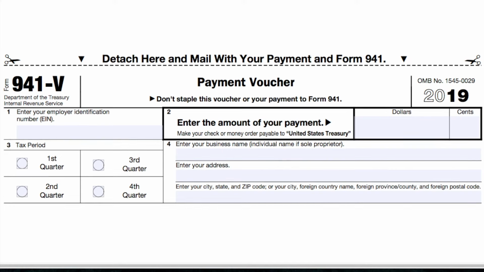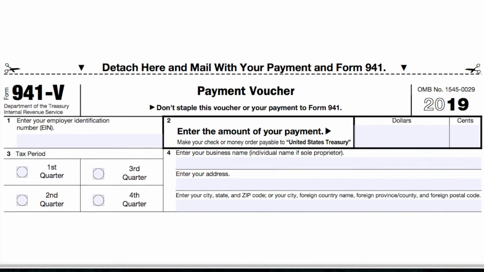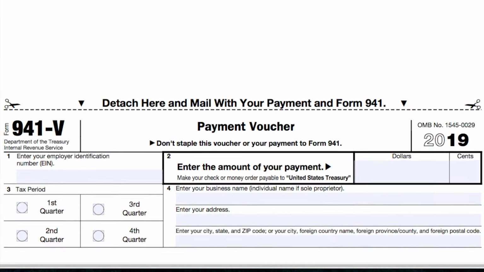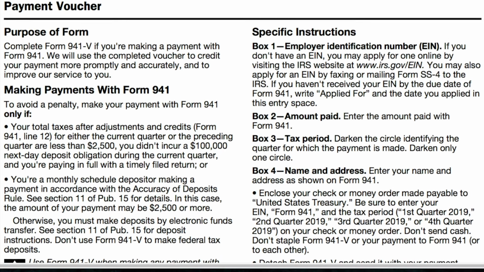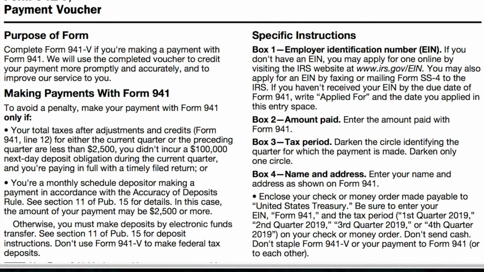This is included in case you're sending in payment of taxes along with your Form 941. Not all businesses are allowed to send in payment with Form 941. But in some cases, if your tax liability is pretty low, you can send in payment. Otherwise, most businesses make payments and deposits with the electronic tax payment system.